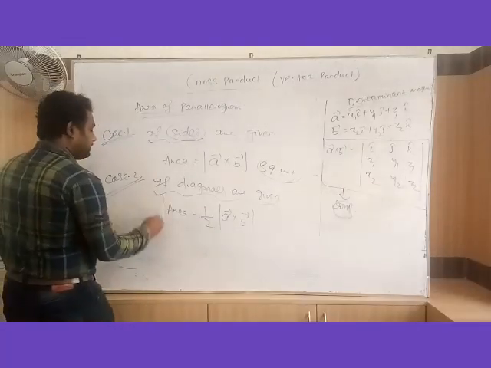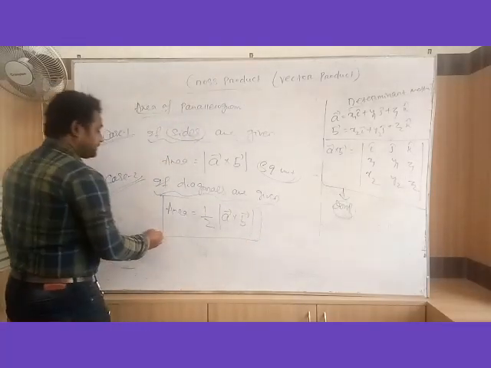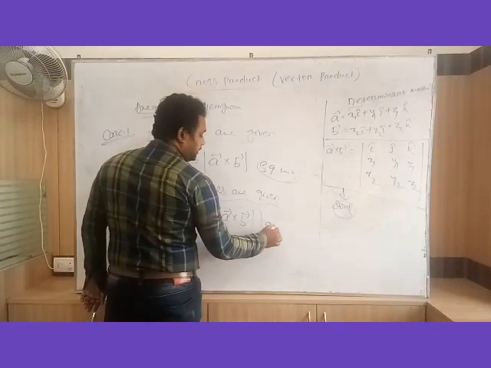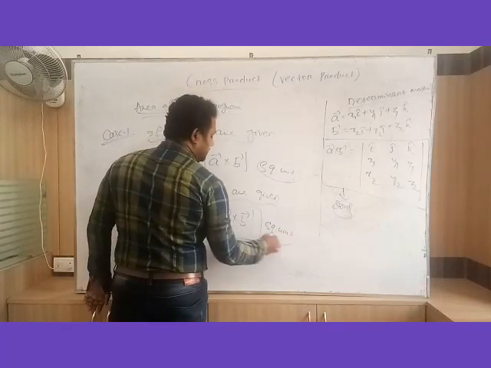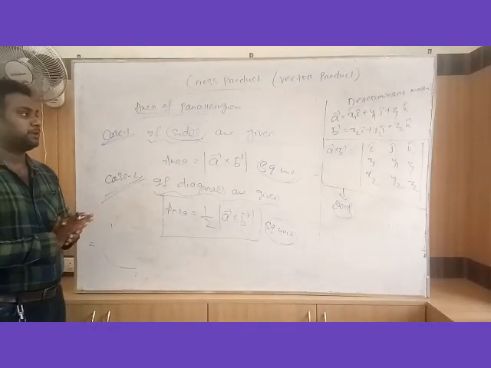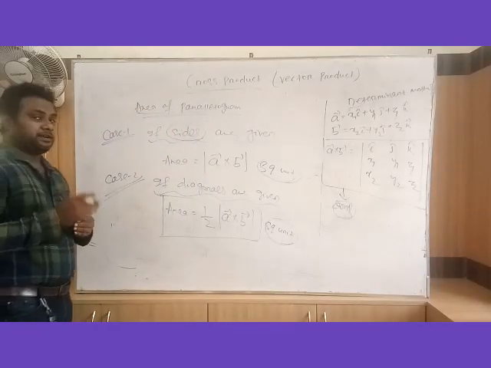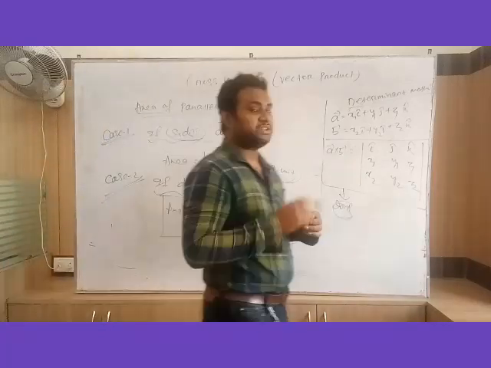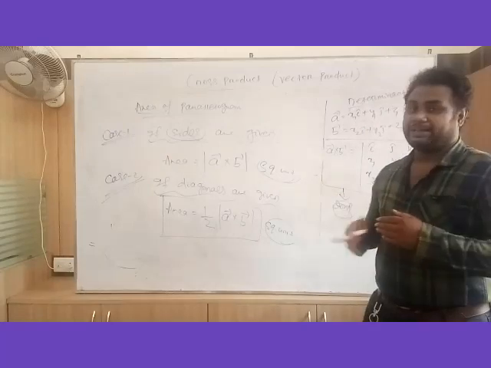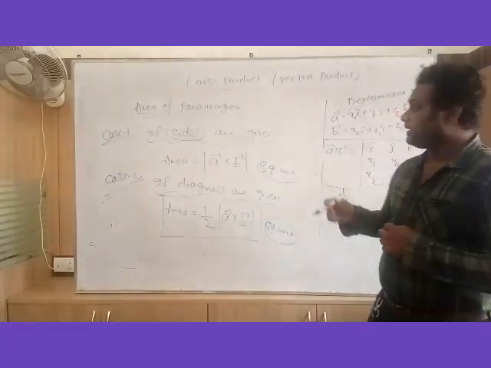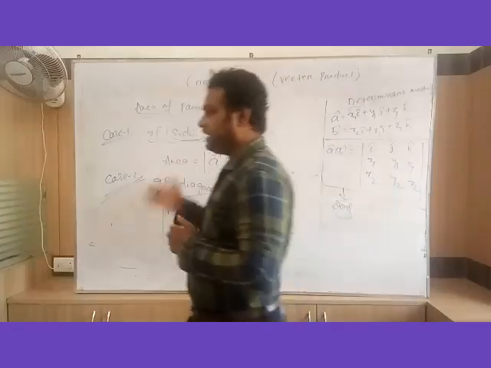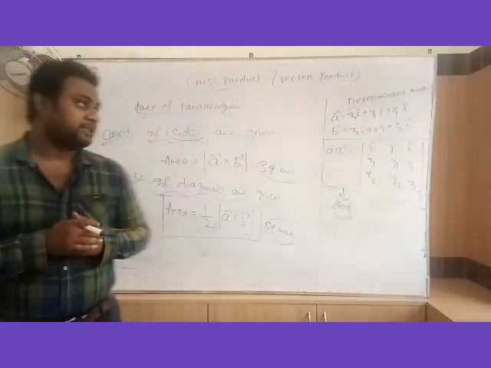This is the formula when the diagonals are given, and after finding the value, put the unit, square unit. These are the basic formulas to find the vector product, sine of the angle, area of a parallelogram, and area of a triangle. For the area of a parallelogram, there are two cases: you are given sides or you are given diagonals.